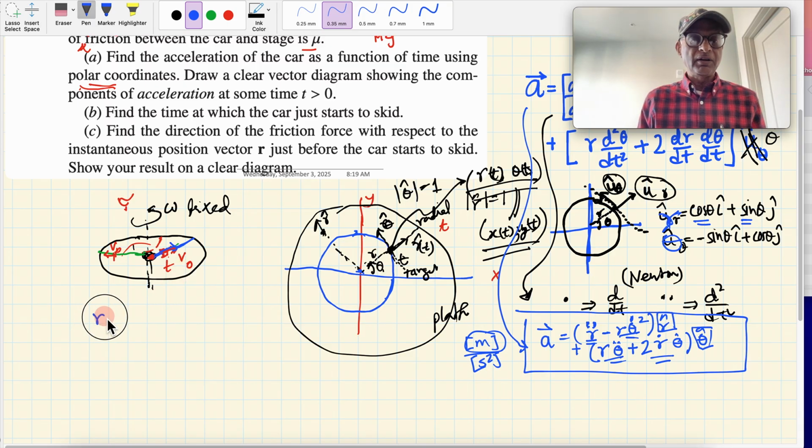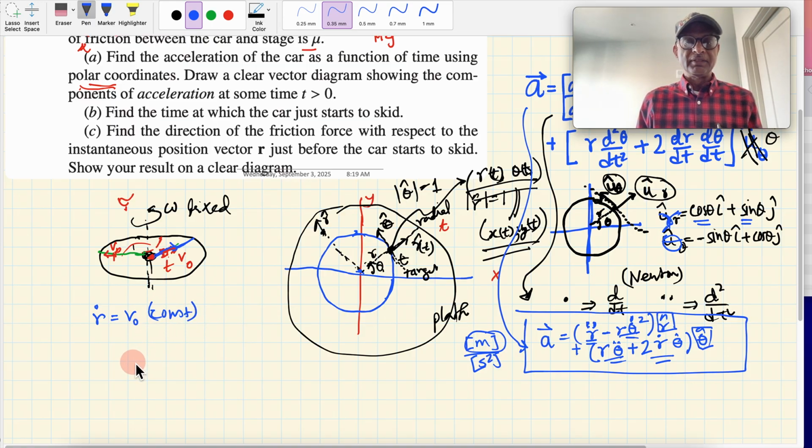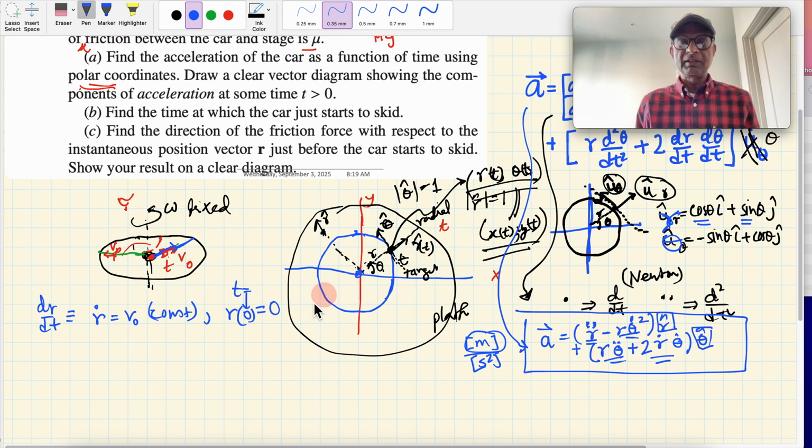So r dot is v0 and it's constant, and this is just dr over dt. It also says r at time t equal to 0 is 0. It was right at the origin, right over here. Okay, so these things are given.